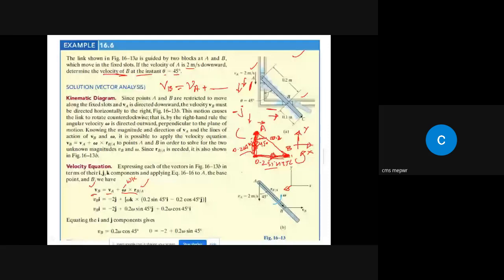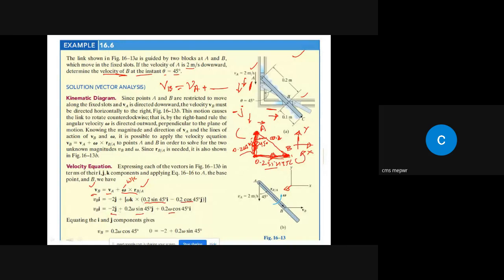So the position vector RB by A is 0.2 sin 45 I, and the one along J is 0.2 cos 45 J. By doing the necessary multiplication, we get this equation.